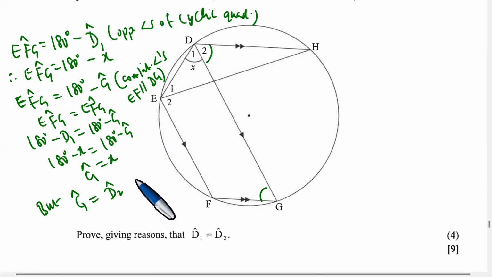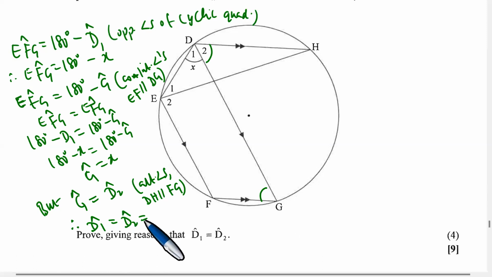These are alternate angles, DH is parallel to FG. Which means angle D1 is equal to angle D2, which equals X.